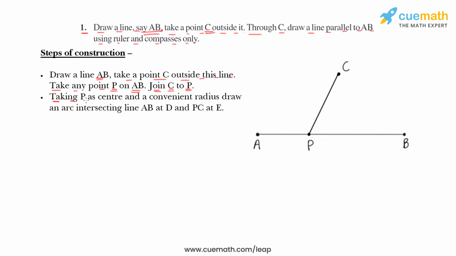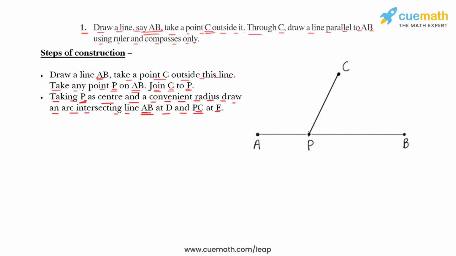Taking P as center and a convenient radius, draw an arc intersecting the line AB at D and PC at E. So we take this P as center and a convenient radius, any radius, and draw an arc intersecting AB and PC.